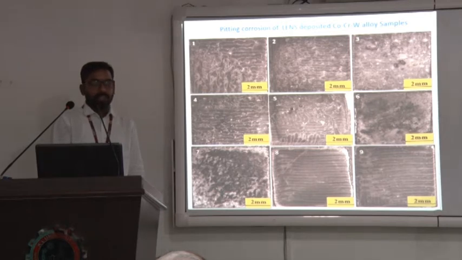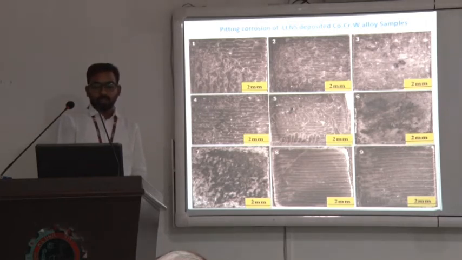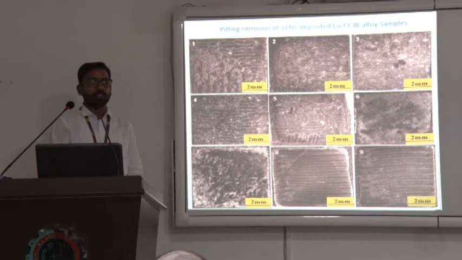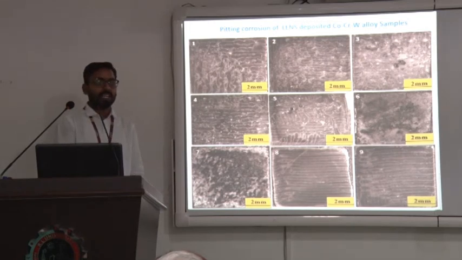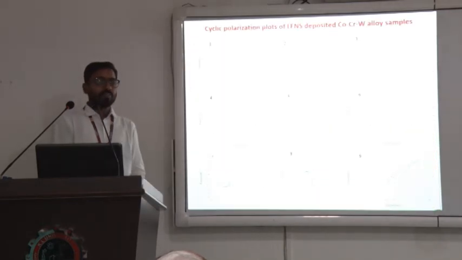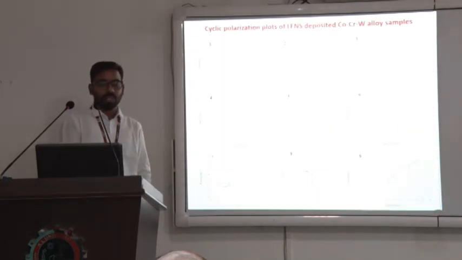under SEM images. These are the SEM images. From the figure we can see that samples 1, 2, 3, 4, 5, 6 and 7 show a gradually increasing corrosion rate, whereas samples 8 and 9 show very lean corrosion. This is further identified by the Tafel plots, also known as cyclic polarization curves.